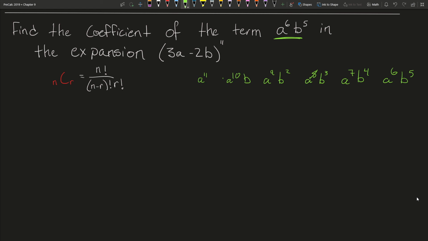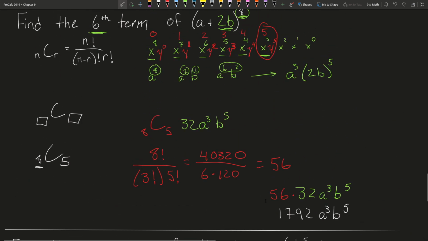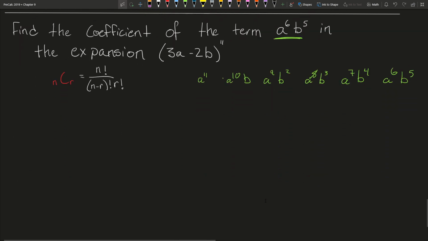So when we're finding the coefficient here, gotta just look. Yeah, all right. This is 0, this is 1, 2, 3, 4, and 5. So our coefficient outside of anything else will be 11 choose 5.